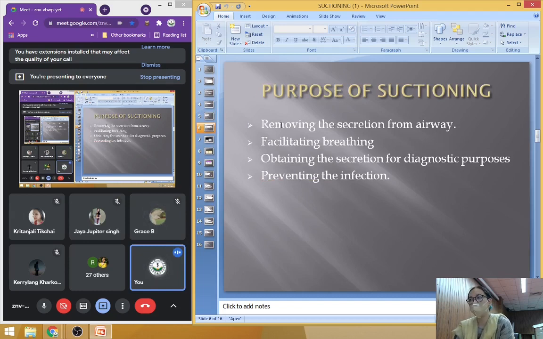In the respiratory tract there is mucus collection, and because of that the person is not able to breathe properly. The thick mucus will block the airways, so we need to clear them to facilitate breathing. Then obtain the secretion for diagnostic purpose, and thus we will prevent infection.